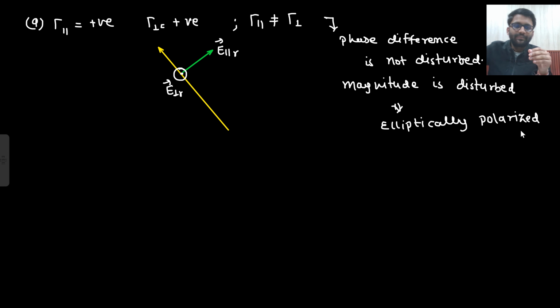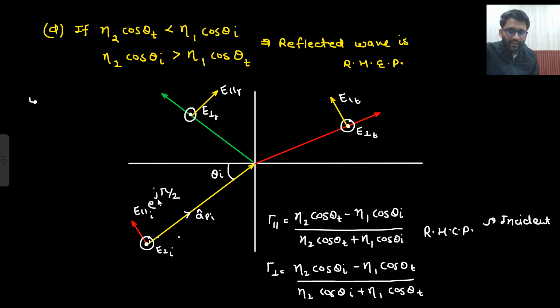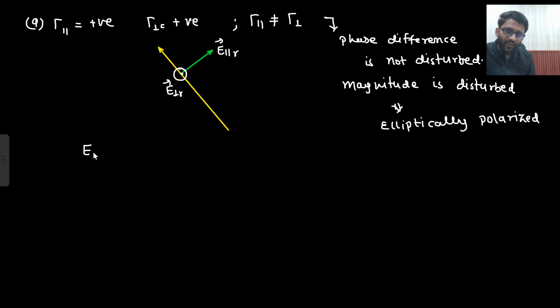Which is lead and which is lag? If phase is not disturbed, then here your parallel component was the lead. If I write down the total reflected electric field, what will I write? Gamma parallel E naught, which was already having a phase of pi by 2. The rest I don't care about.